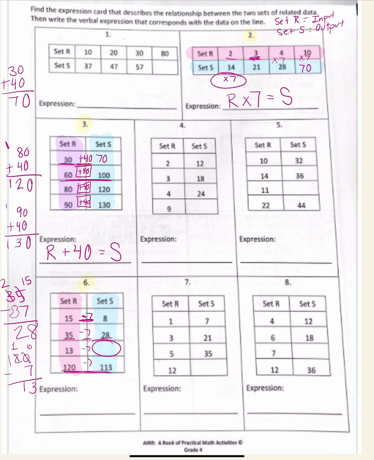And 1 minus nothing again is 1. Meaning 120 minus 7 is 113. So it checks out. It's following along. So what that means, our expression is we're taking our R, we're following our rule, which was minus 7, and that gives us our S.